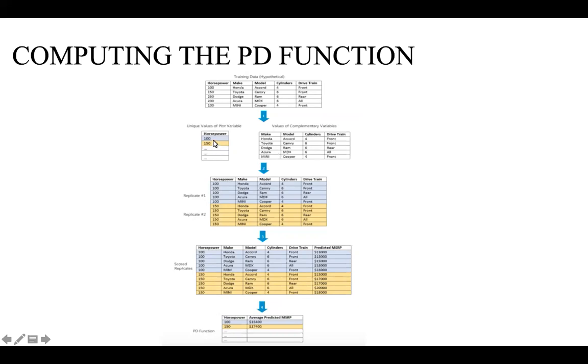Then for each unique value of the plot variable, we generate artificial data with different values of the complementary variables. Then using the learned model, we predict for each instance and get the predicted manufacturer suggested retail price. For each unique value of horsepower, we compute the average of the predicted price, and then we plot that, and that's how we get this partial dependence plot.